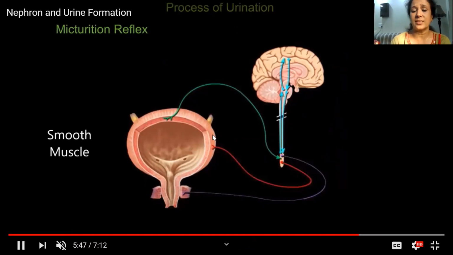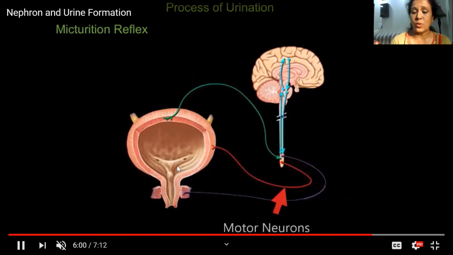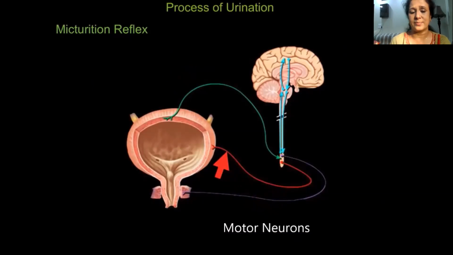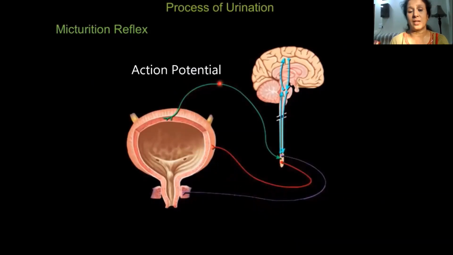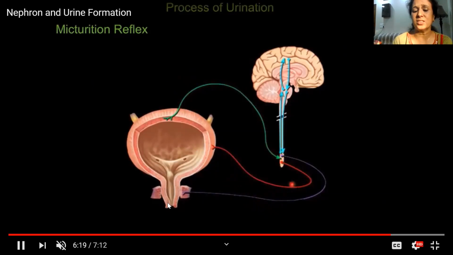This is shown to be under the control of our central nervous system. At the entrance, there are gate-like structures called sphincters. Though the urge to pass urine is under our control, this is a voluntary action. But if the bladder is full and the wall cannot stretch anymore, then this process becomes involuntary. In that condition, these sphincters will open and urine will come out.